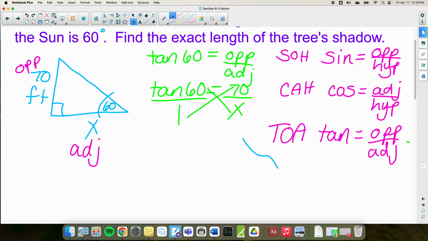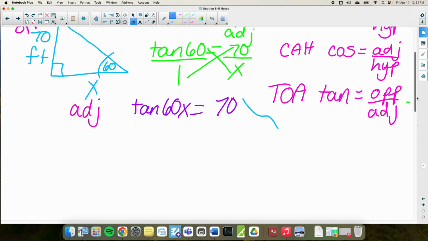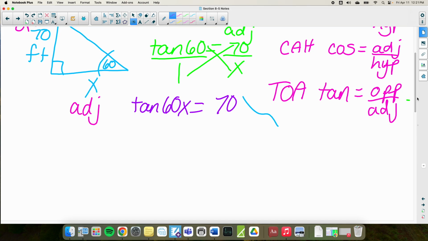So when I do those cross products here, I'm gonna get tangent 60x equals 70. And then I would solve that. Now, how do you solve that? Yep, divide by tangent 60.